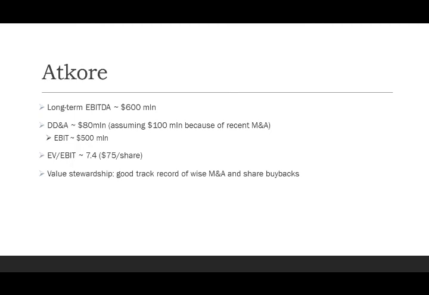That leads to an EBIT of about $500 million each year. Then its EV over EBIT will be about 7.4 at $75 per share. It has very good value stewardship with a good track record of wise acquisitions and share buybacks. So I think Adcore is significantly undervalued.